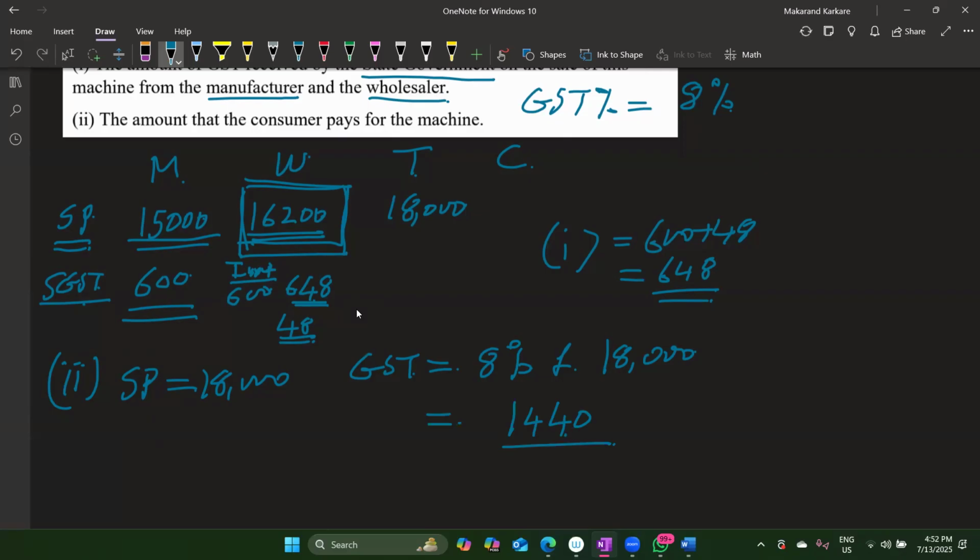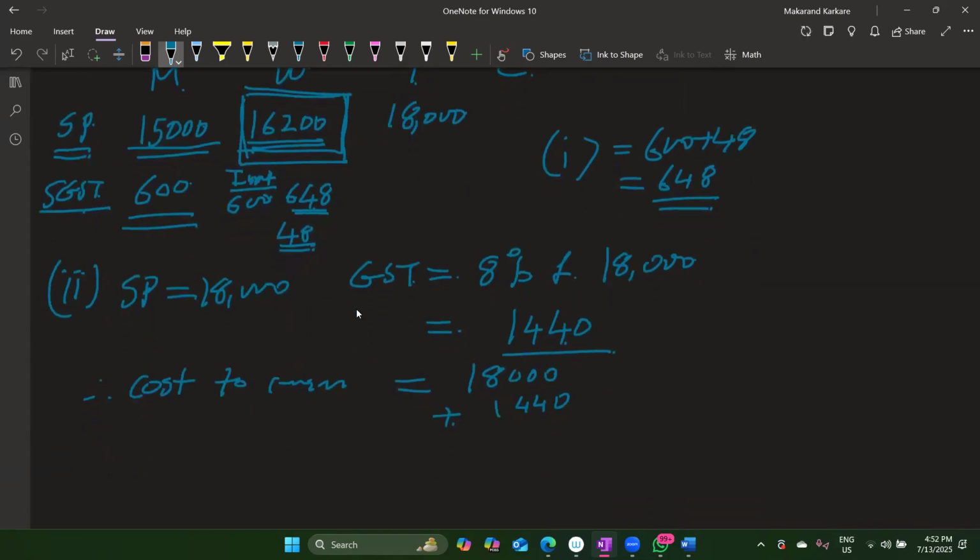Right? And so therefore cost to consumer is going to be 18,000 plus 1440. Does that answer your question, Soham?